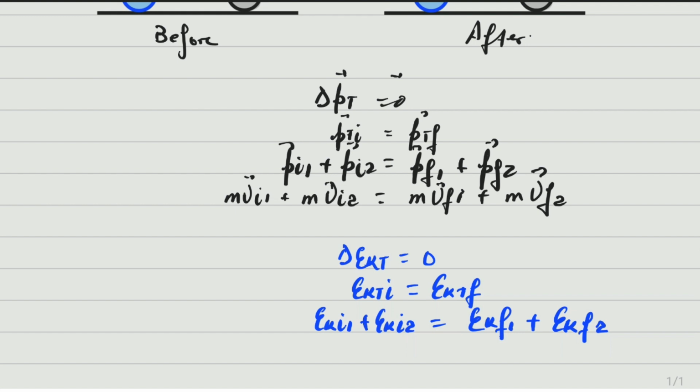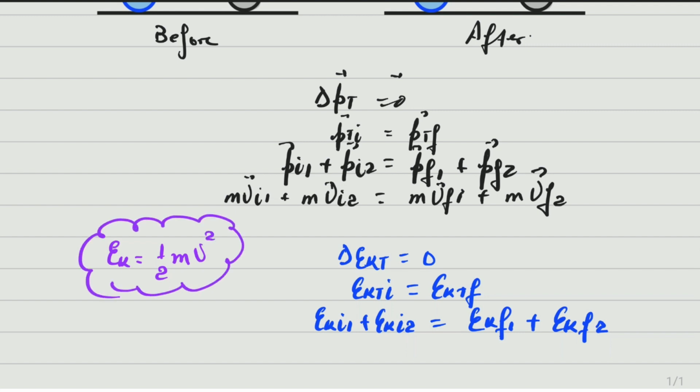Okay, and if we recall from previous grades, we know that kinetic energy is equal to half the product of mass and speed to the power 2. Now remember, this is a scalar quantity, so we are not going to use the symbol of vectors.